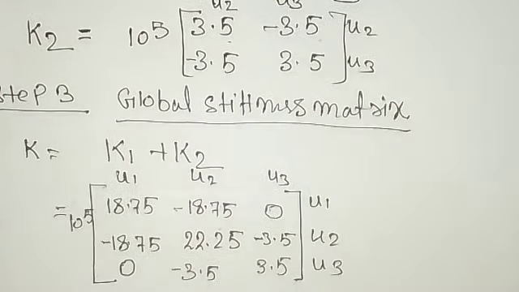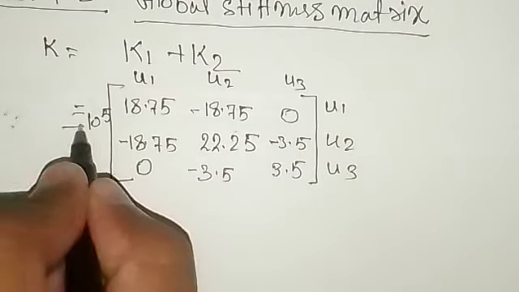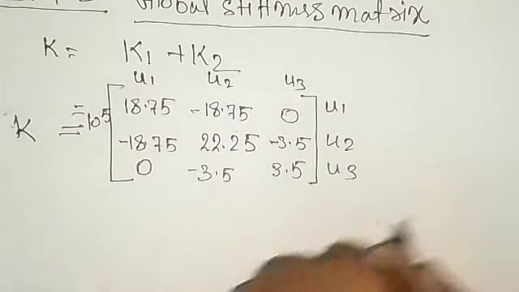After addition, this is your finite element global stiffness matrix. You can write it here, that is K is equal to this.